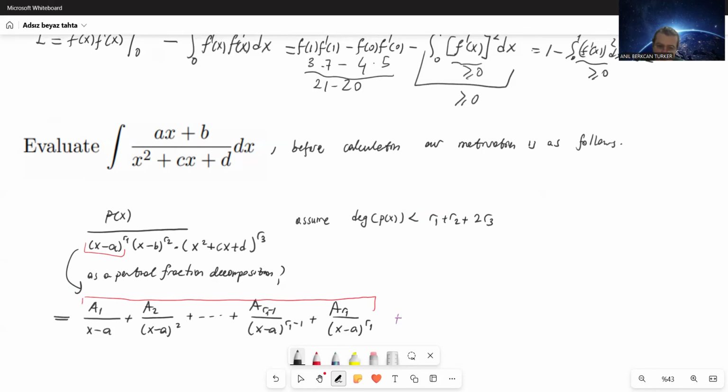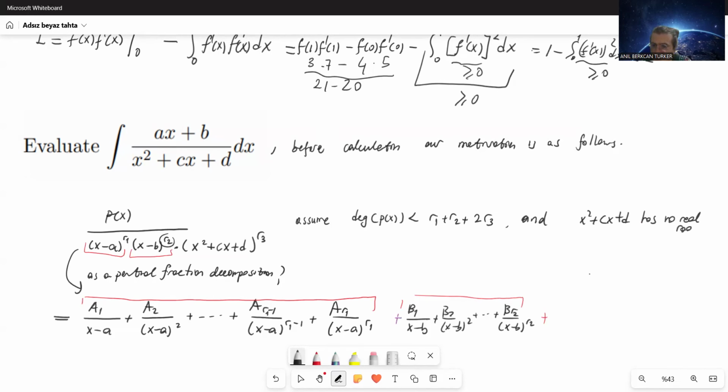So I'm just going to have B1 over x minus b, B2 over (x minus b) squared, blah, blah, blah, B r2 over (x minus b) to the power r2, because of the degree r2. Okay, so this corresponds to this. So plus, let's also assume x squared plus cx plus d has no real roots.